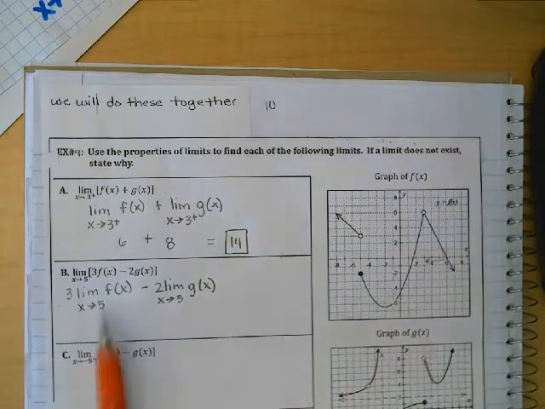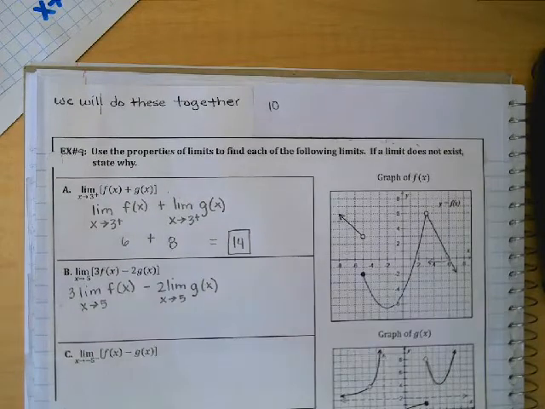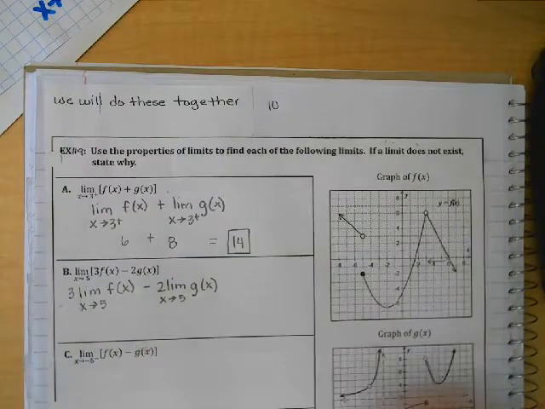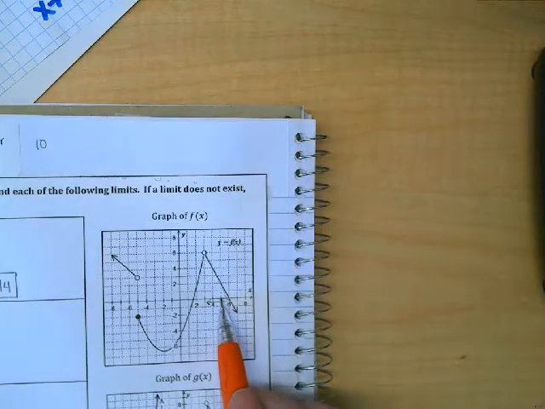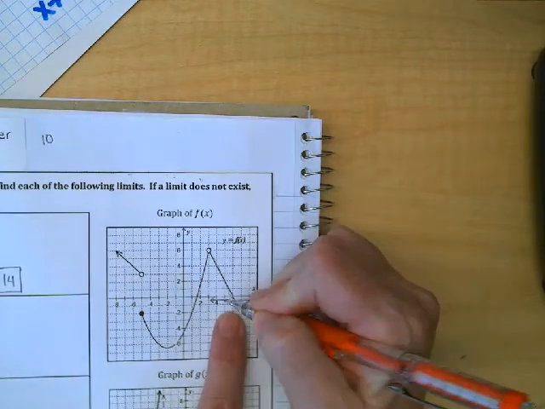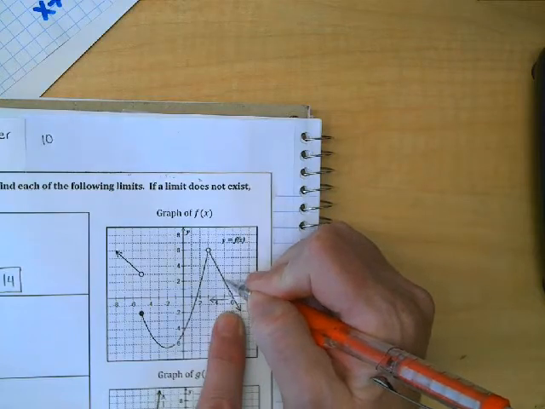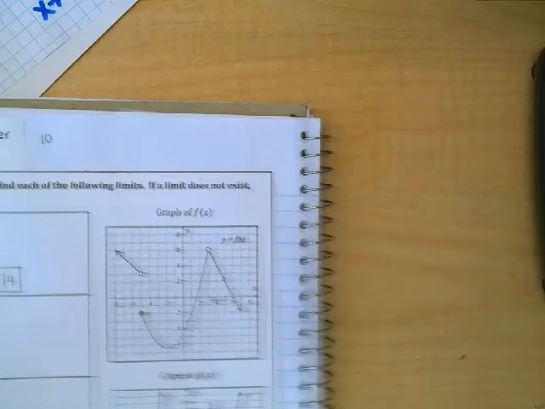And again, this is just making the graph skinnier, right? It's just multiplying by a constant. We don't want to do all that. So let's see. The f function, as I'm headed towards 5. And notice that this is a general limit. So as I'm headed towards 5, right here, it's headed towards 2 from both the left and the right.